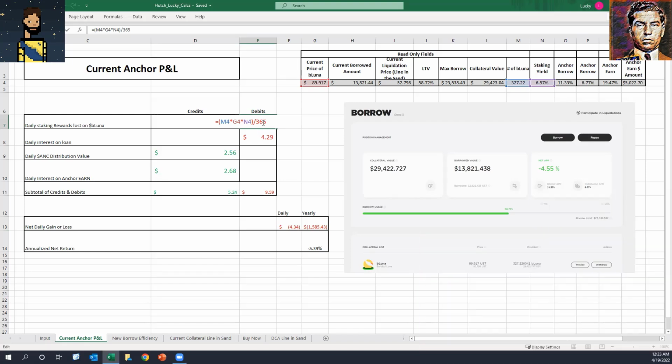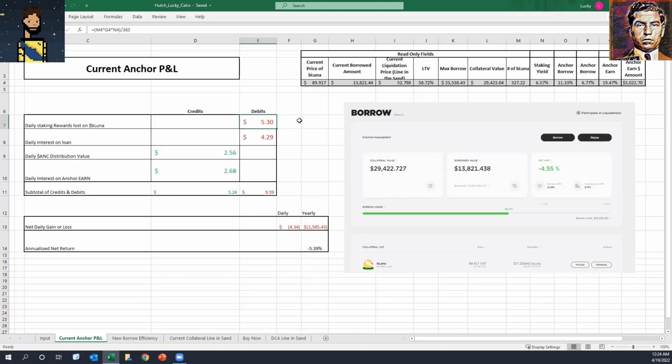And it's up there somewhere, right? Or no? Yeah. So this calculator is doing your number. The 327 times the staking yield times the current price of bLUNA divided by 365. So that 327 bLUNA, if you never did this strategy, you'd be earning $5.30.